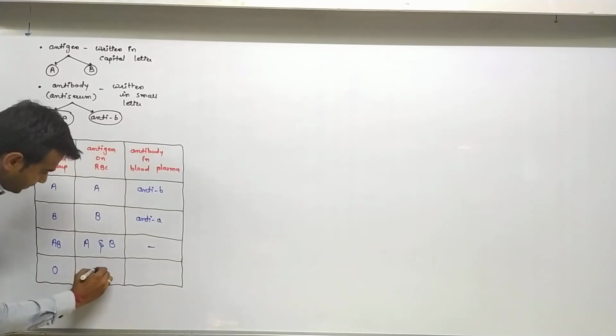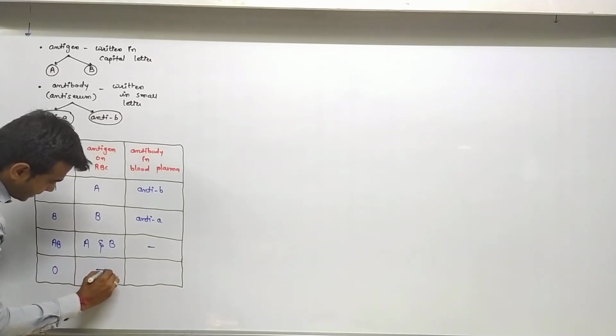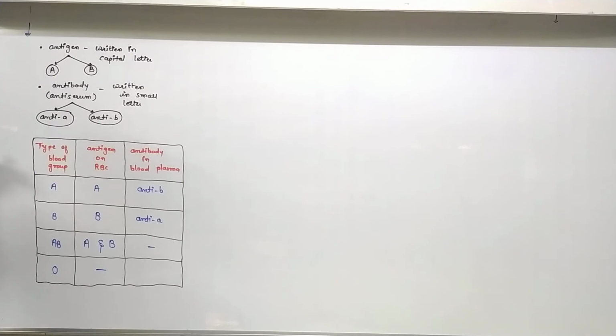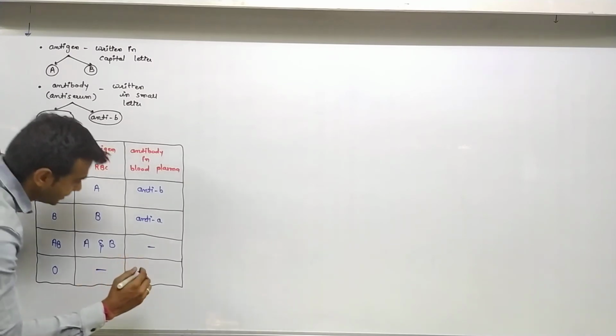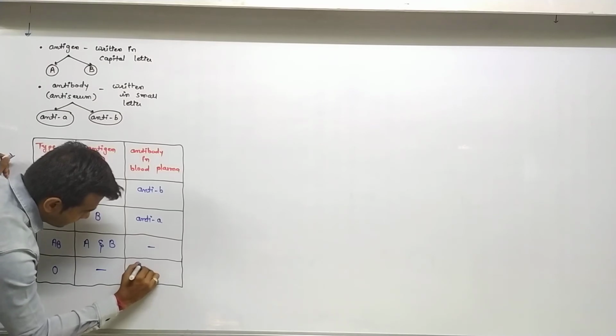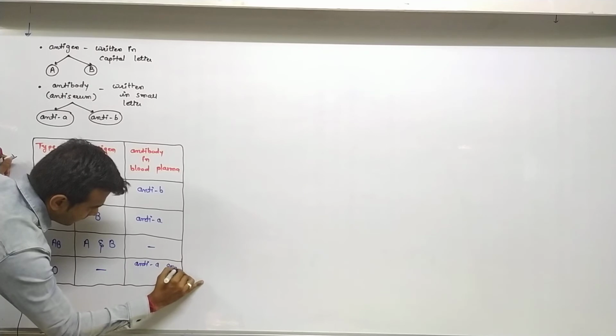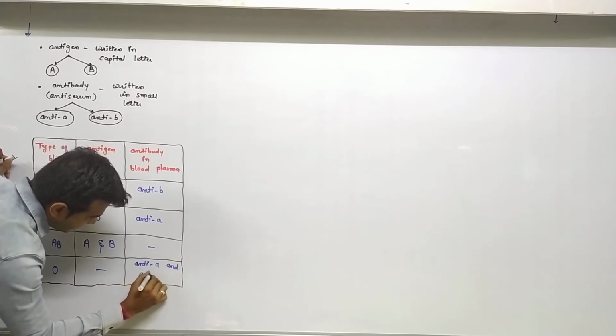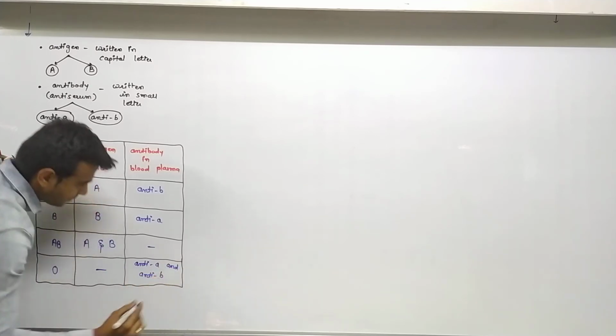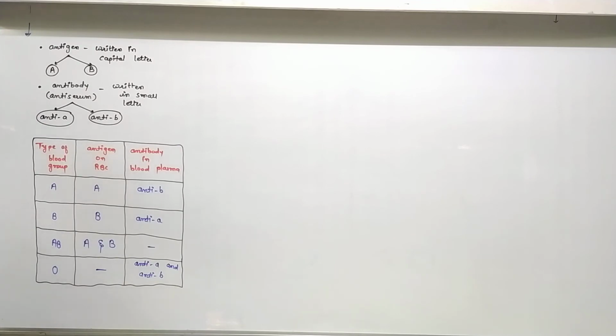O blood group person cannot consist any antigen on RBC, but both antibodies are present, anti-A and anti-B. Okay.